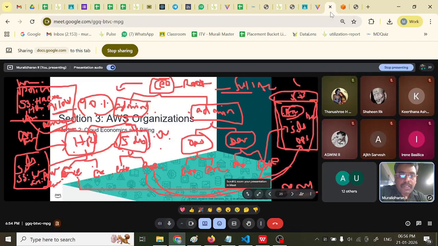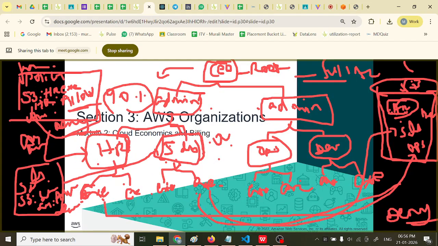Are you getting this? This is how you need to give a structure for your organization. Now if you want to give permission, for example, let us say a salesperson wants to access the HR folder. What you have to do is attach the HR policy to the sales executive.